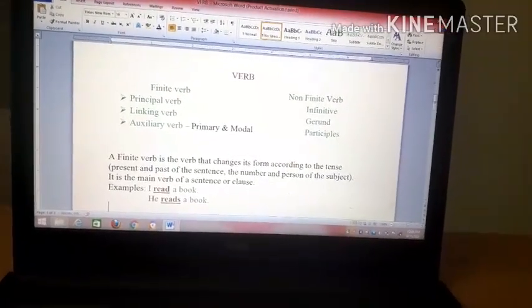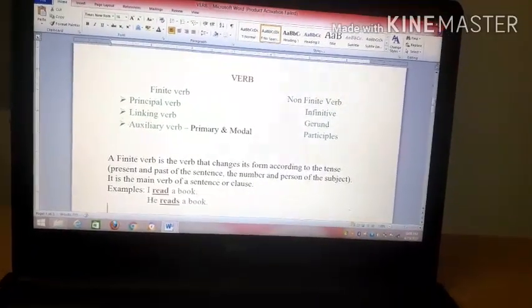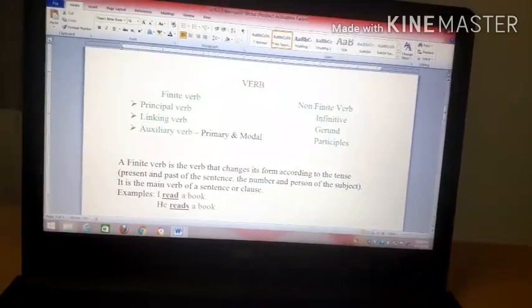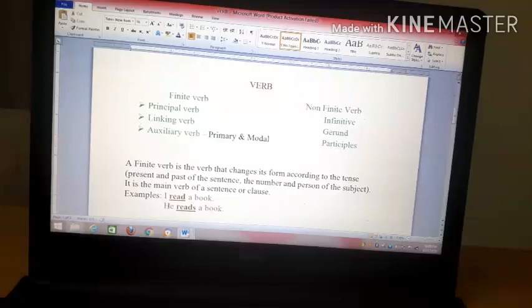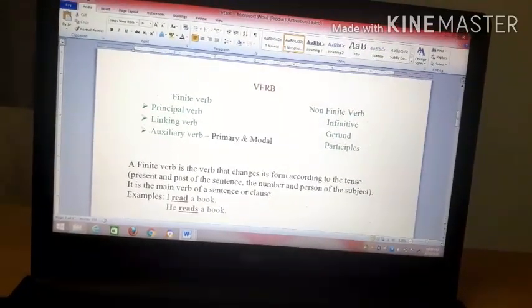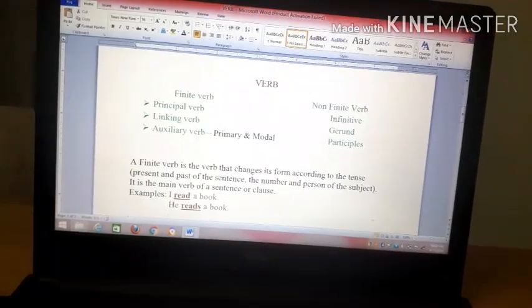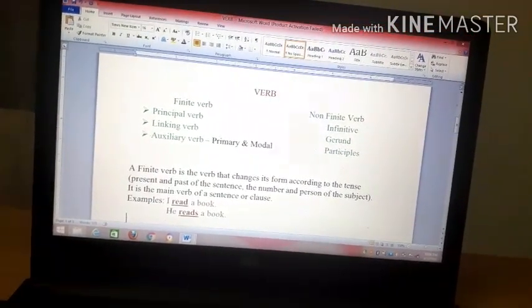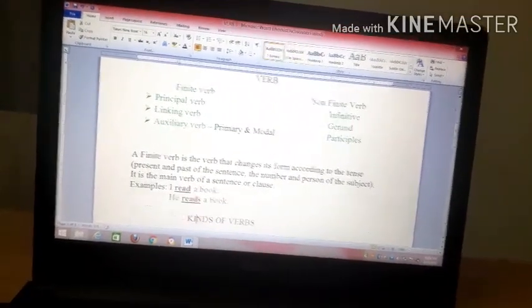Here, because the subject is he, we have to write reads according to the subject-verb agreement that we have already learned earlier. I read a book. The subject is I, so it will be according to that: I read a book.